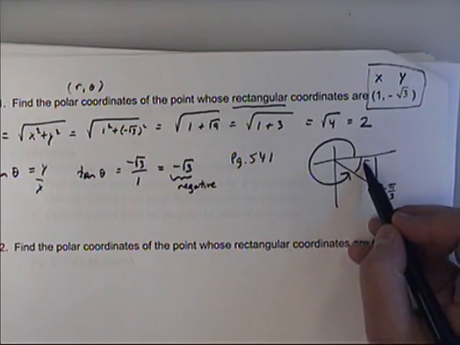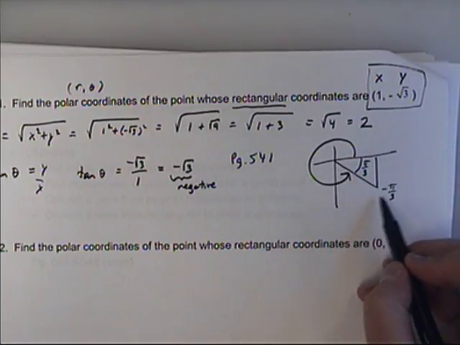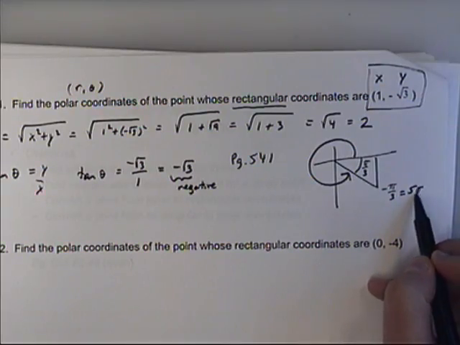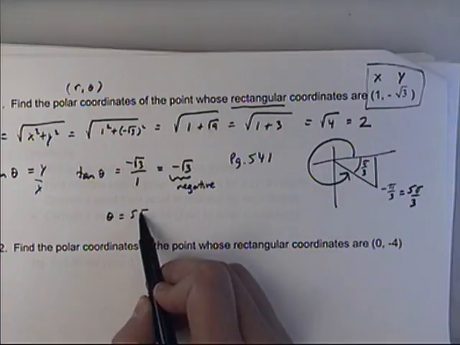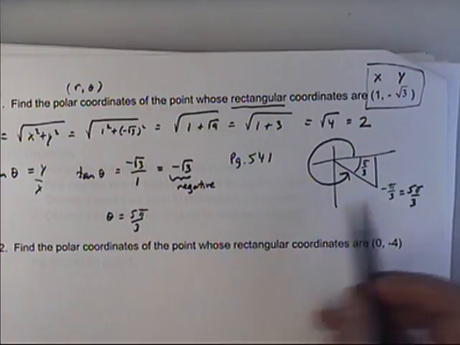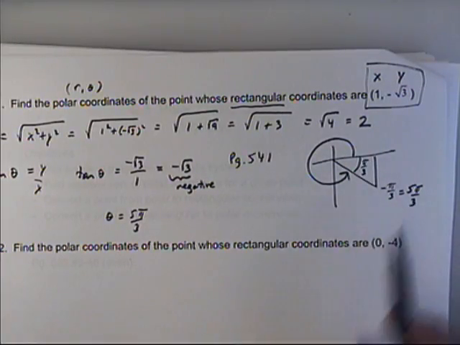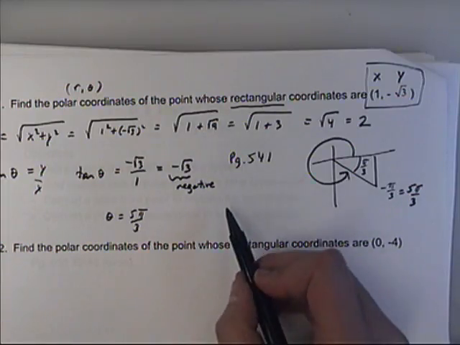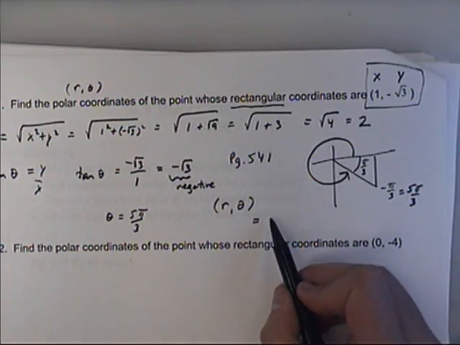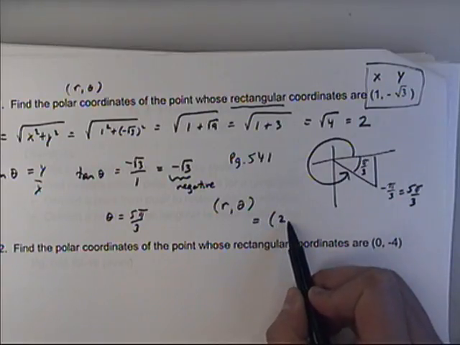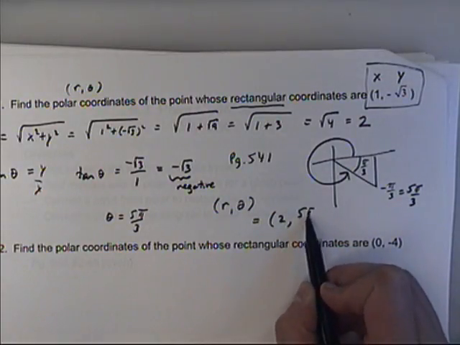And since we're exactly pi over 3 away from the x-axis, that would also equal 5 pi over 3. So that turns out to be our theta, 5 pi over 3, this far away from the x-axis in the fourth quadrant. So our answer for our polar coordinate, now that we have r and theta, is (2, 5 pi over 3).